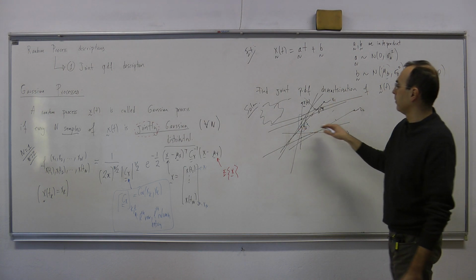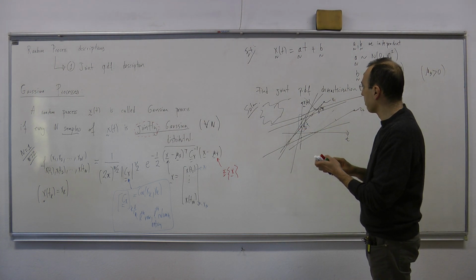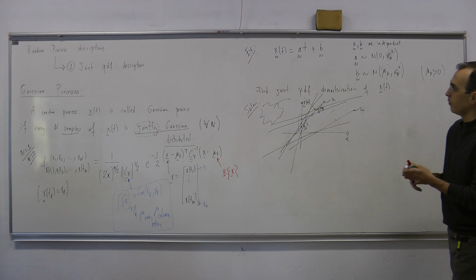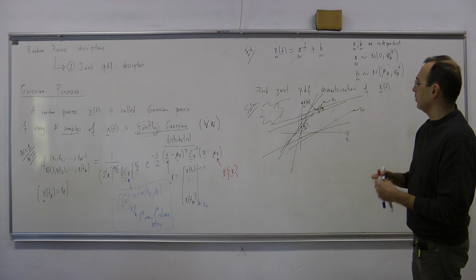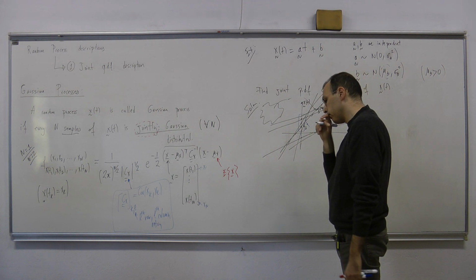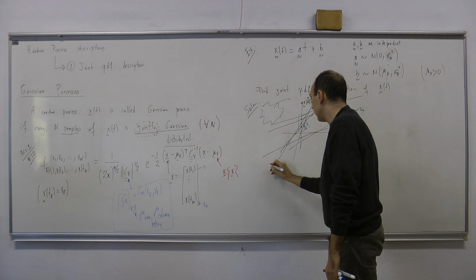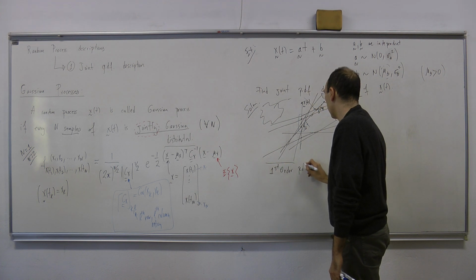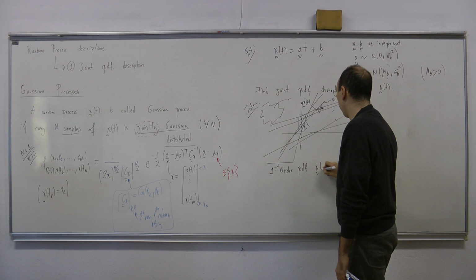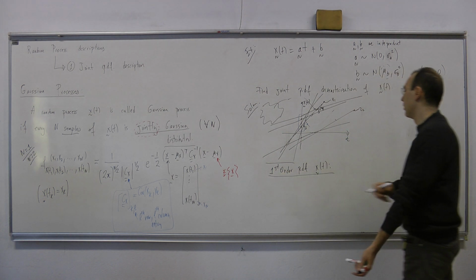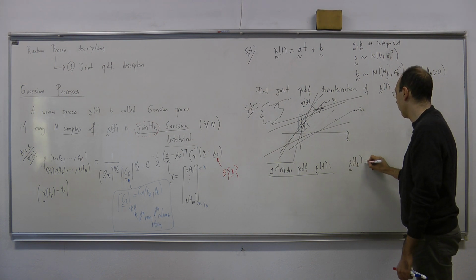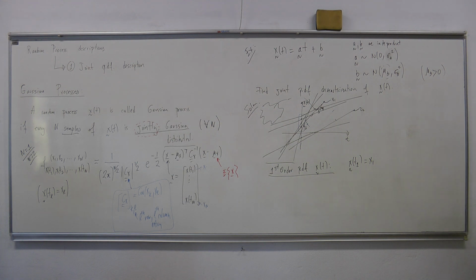You draw some realizations of this random process. Okay. So what should I do now? It says joint PDF description. So here's my comment. Well, first order PDF of x of t, meaning that I'm evaluating at t1 and I'm calling this x1.